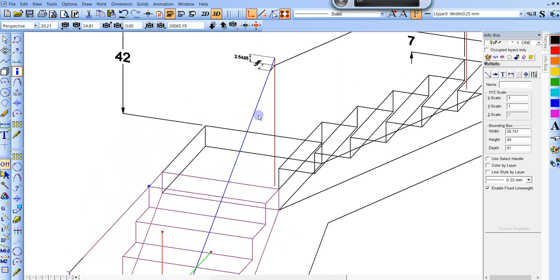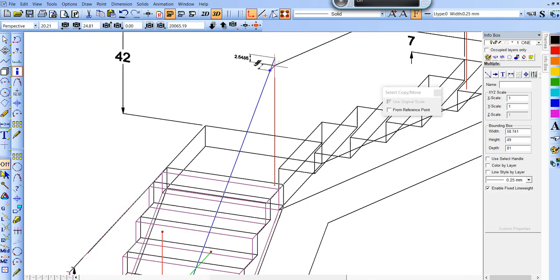So the handle is already moved. We're just going to move this in right there. Control H. We can just put it right there at the 4 inch mark. Enter. And everything gets moved in.